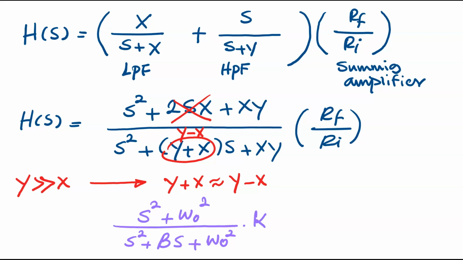So if I match the coefficients, it means that rf divided by ri is my gain. Y multiplied by x is my center frequency squared, or omega naught squared, and this y minus x is my beta. So let me write everything in another slide.